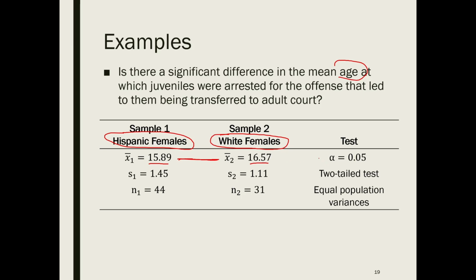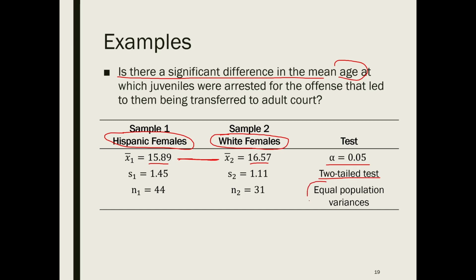We set the alpha level at 0.05. And why is this a two-tailed test? Because the question asks, is there a significant difference between the mean ages? We don't ask whether white female juveniles were older compared to Hispanic juveniles when transferred to adult court. We say, is there a significant difference? So we use the two-tailed test.